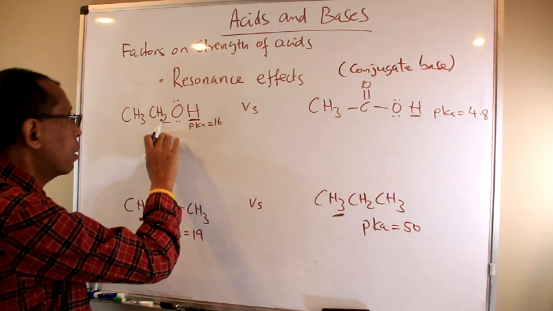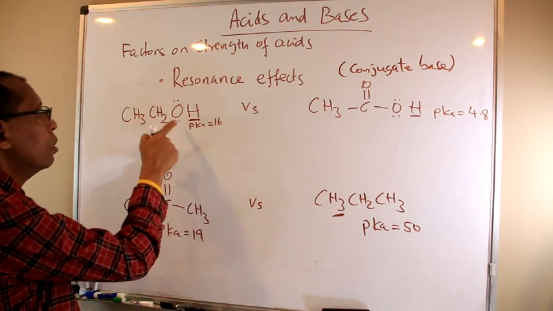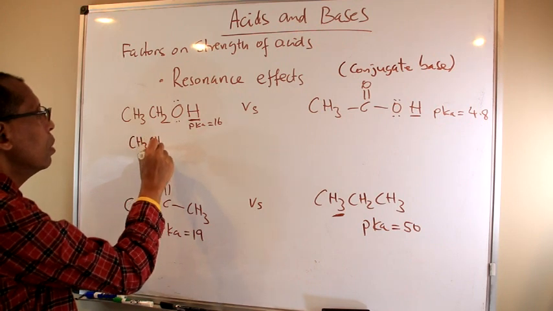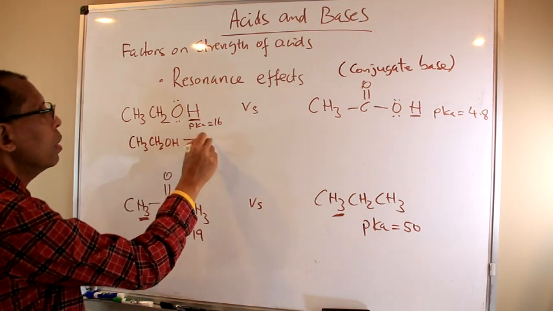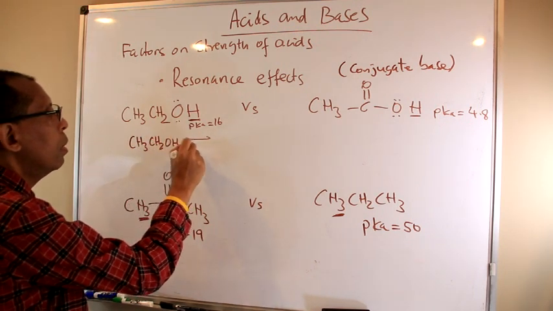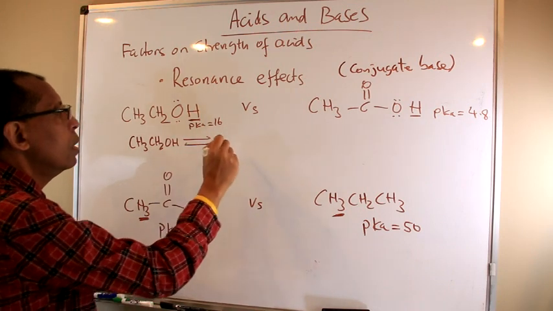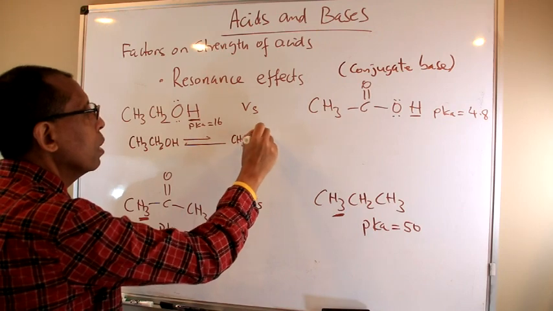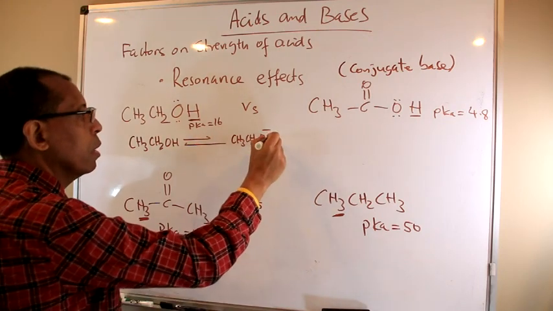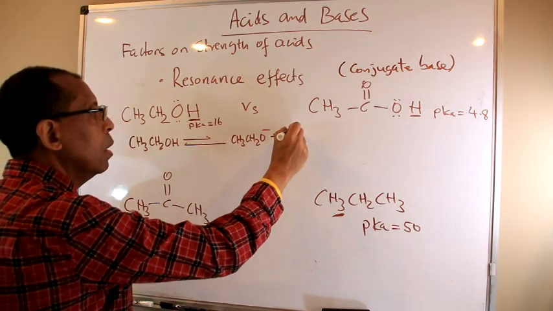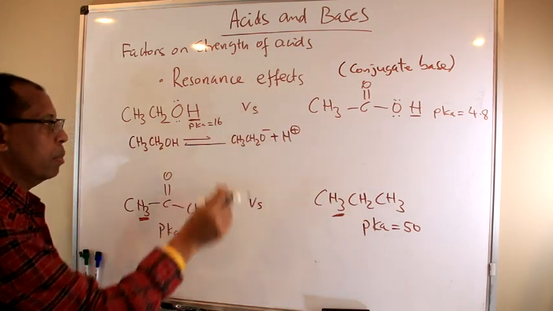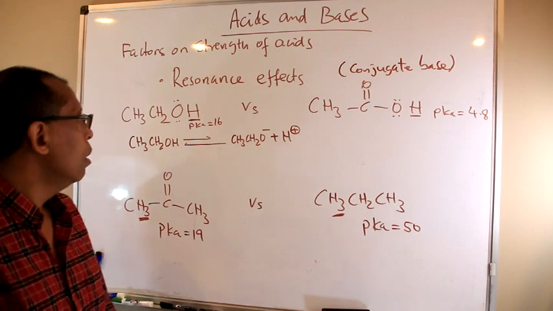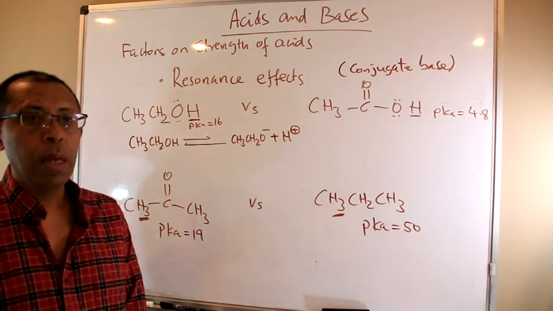Let's see this compound. If you just dissociate this, CH3CH2OH is in equilibrium, mostly like this, with CH3CH2O minus, meaning if it releases a proton, this is what you would end up with. That's the equilibrium for the acid dissociation of this compound.